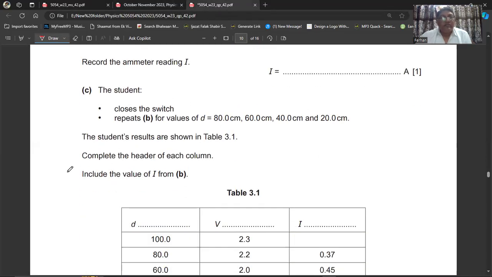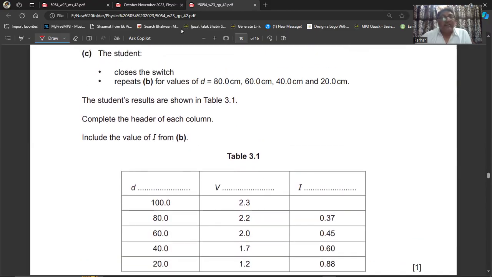Okay. C part: the student closes the switch, repeats B for the values of d, 80 centimeter. Then he put the crocodile clip on the 80 centimeter mark, then 60 centimeter mark, then 40 centimeter mark, then 20 centimeter mark. The student's results are shown in table 3.1. Complete the header of each column. Okay.